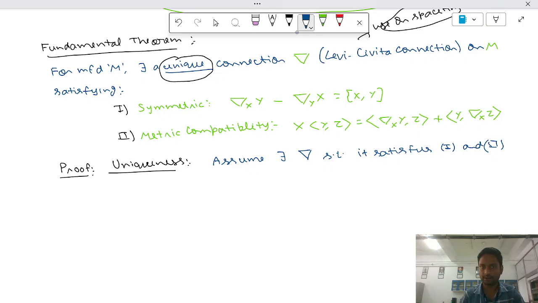Let's call these equation 1 and equation 2. So we are assuming that it actually satisfies the first and second condition. The first is the symmetric condition and the second one is the metric compatibility condition.